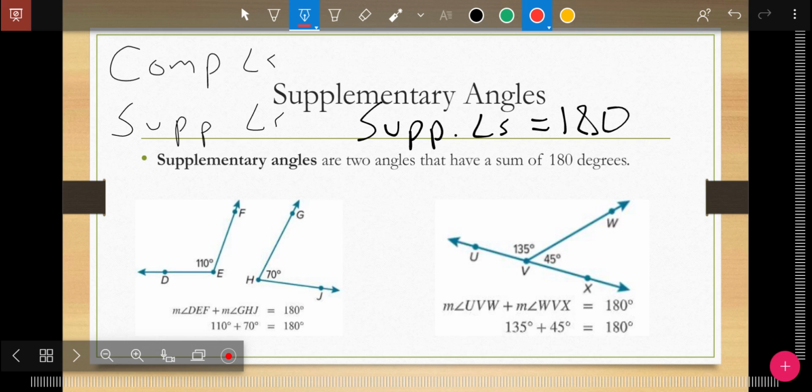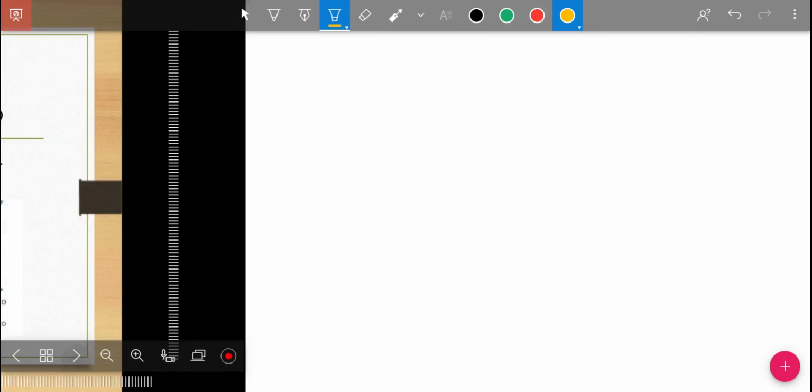If I had a line to each, a line here and a line here, it makes this one up top look like a 9 for 90, and this one here look like an 8 for 180. That's a useful trick, and it's something I've even used if I go brain dead and try to remember which is which. Complementary is 90, supplementary is 180.